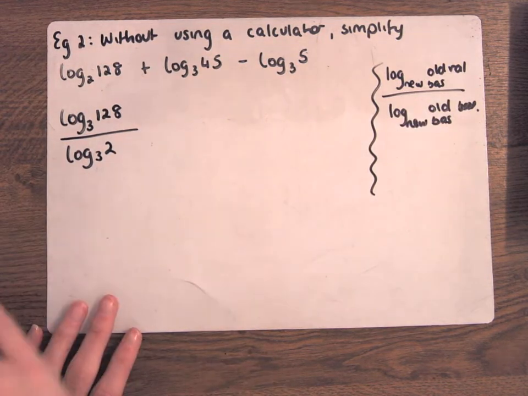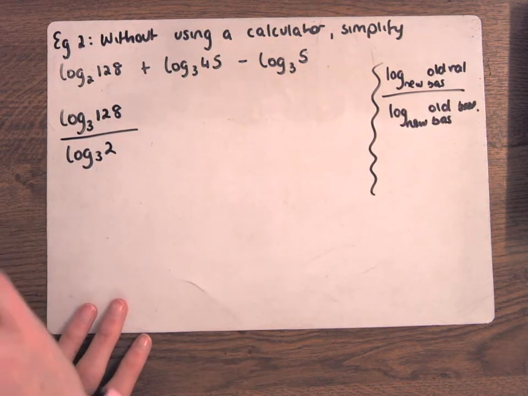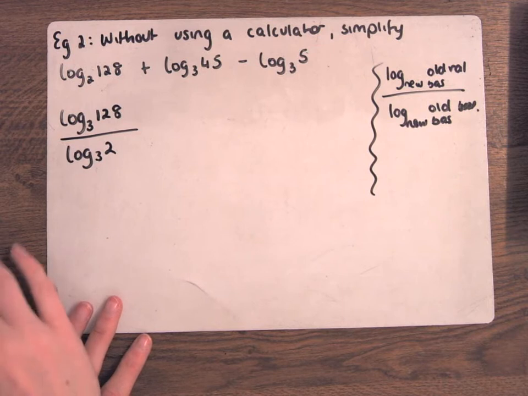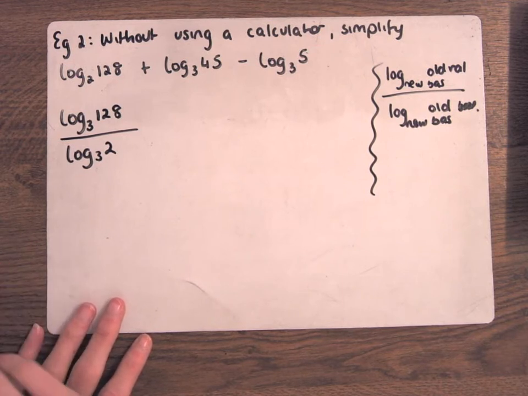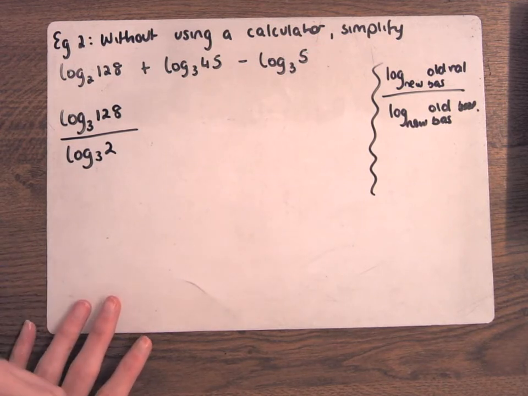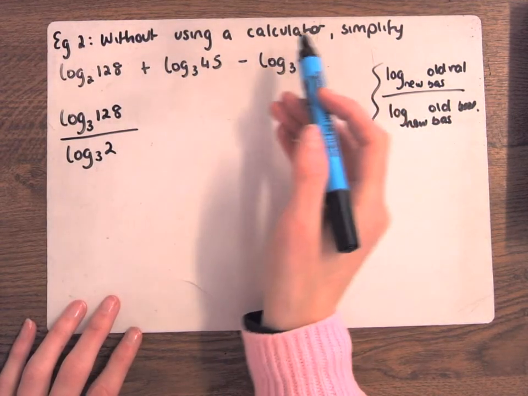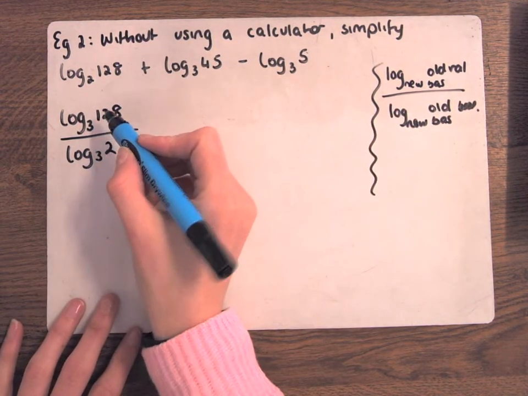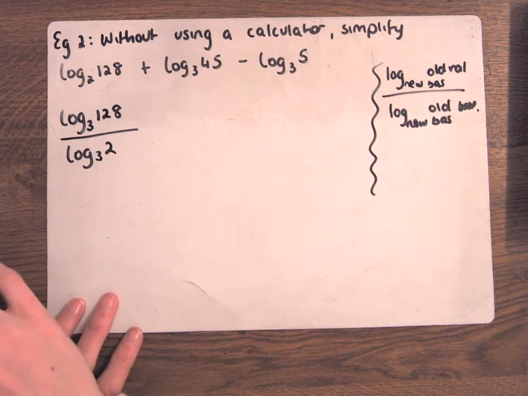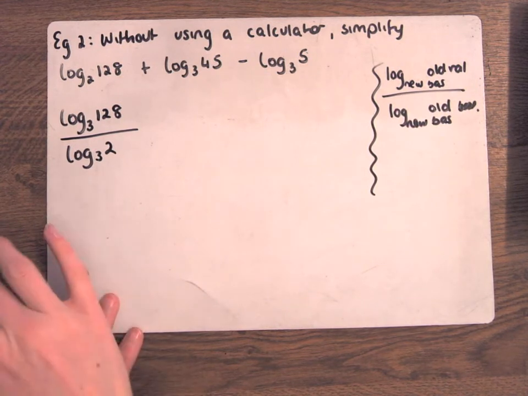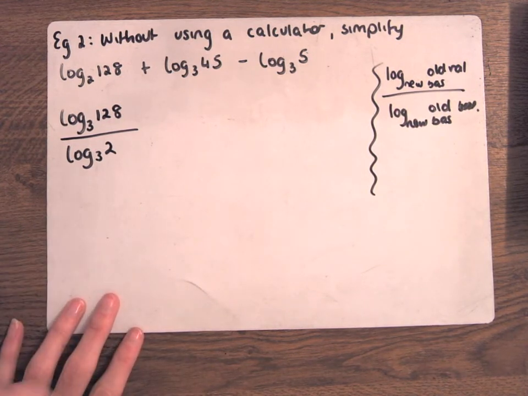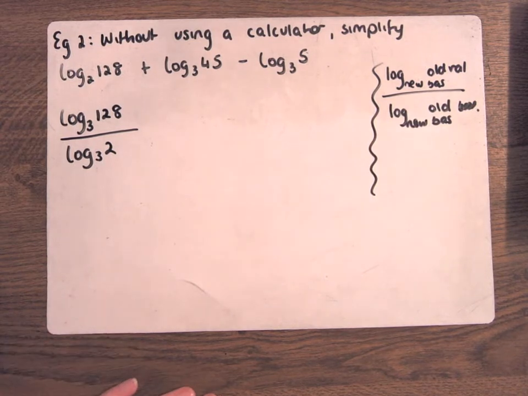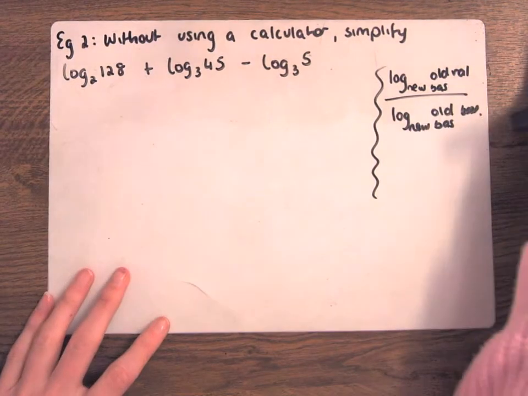Now we need to figure that out. This is why it's prolonging things. It's annoying without the calculator. 3 to the power of 4 is 81 and 3 to the power of 5 is 243. This actually has made it way more difficult. Let's go backwards.